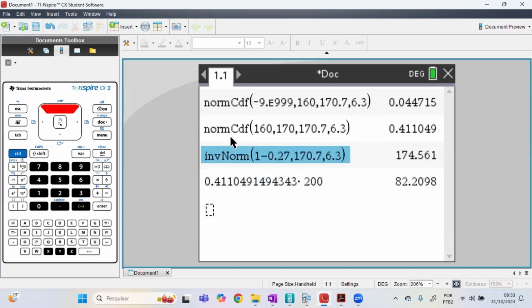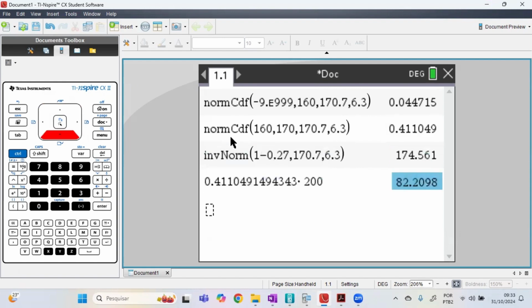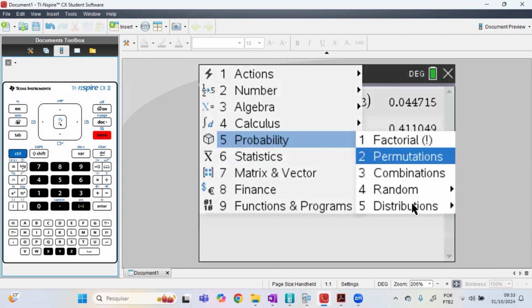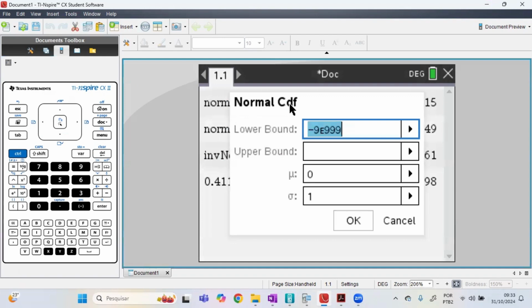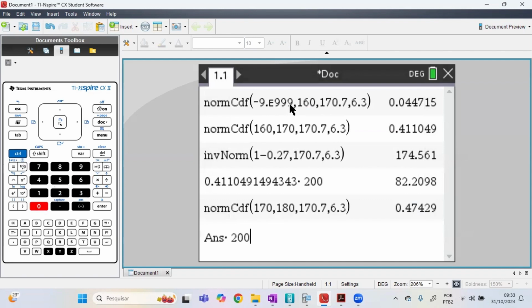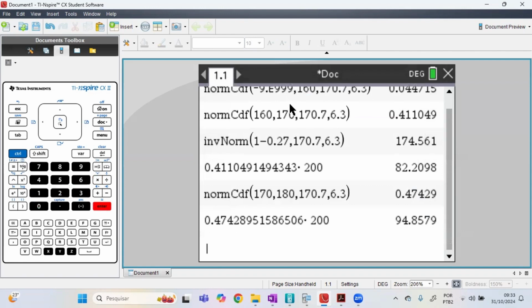For the other class, we would go again to menu, probability, distributions, and then normal cumulative, to get from 170 to 180, mean 170.7, 6.3. It would give the value, then times 200, and we get 94.86.